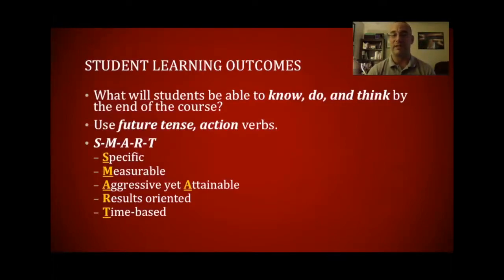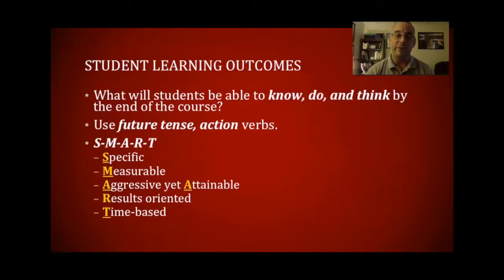Those targets need to be results oriented. Those objectives also need to be time-based. So when during the semester, when during the course, is that student going to need to be able to demonstrate that learning outcome?